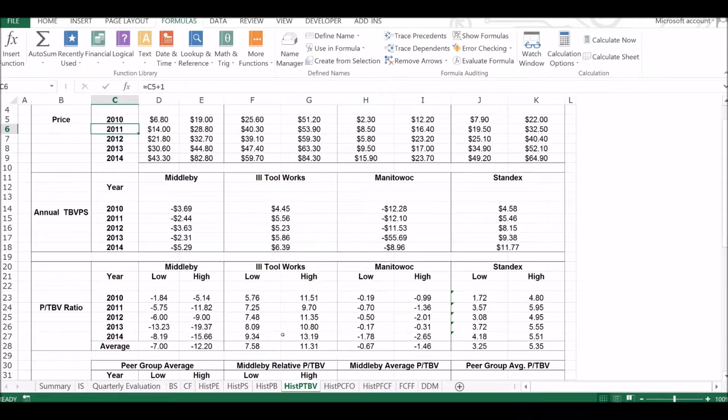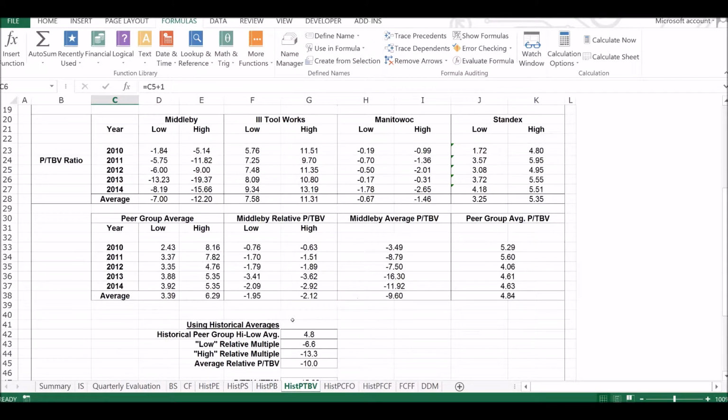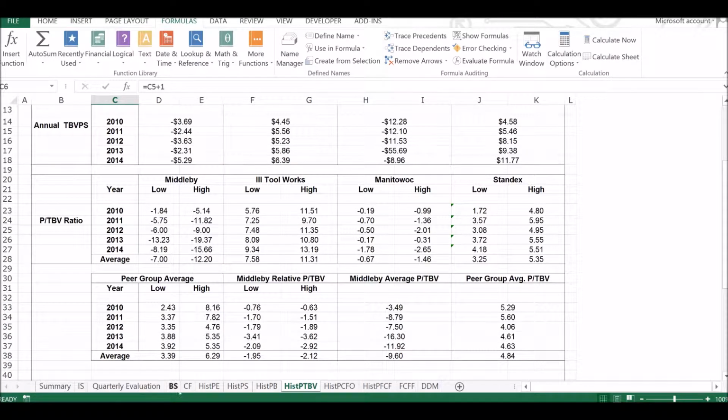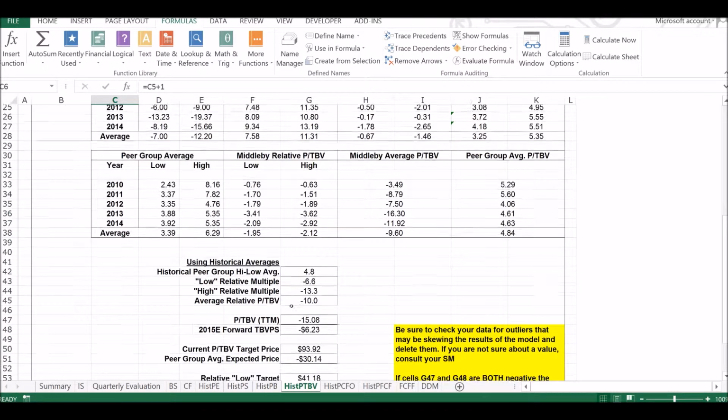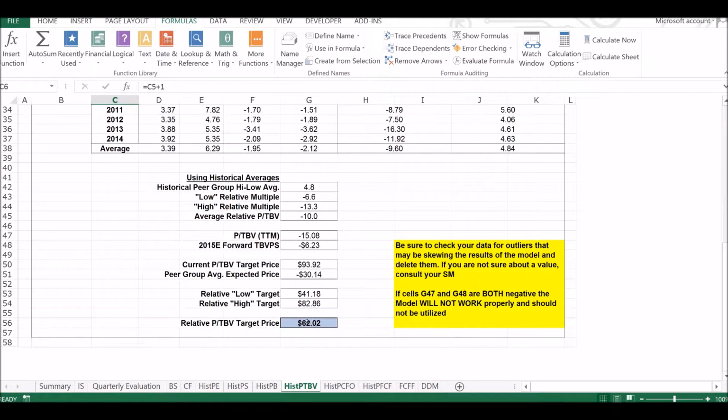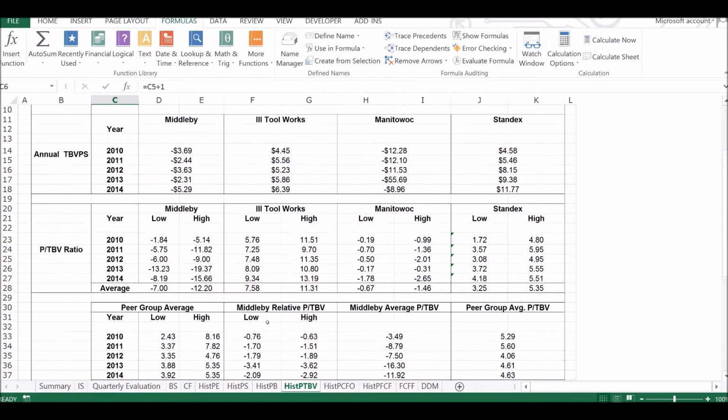But this doesn't work if the company that you're evaluating has negative tangible book value, which means its intangible assets and its goodwill are a large part of its total assets. Because what ends up happening is a negative times a negative equals a positive. So when you multiply the two negatives together, you end up with a positive value, and it screws up the valuation.